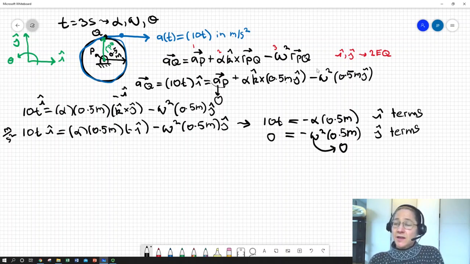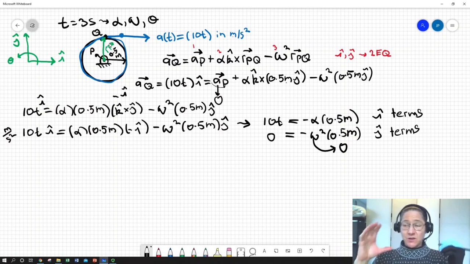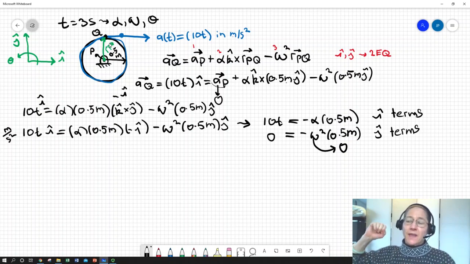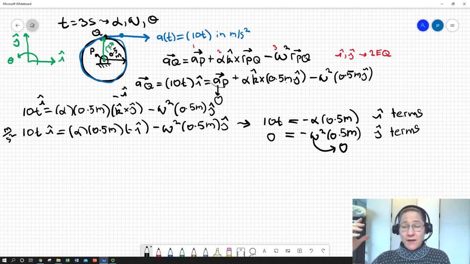At least just looking at our acceleration expressions, there's no inherent angular velocity necessary for Q to have its acceleration. So the disk, the cylinder, could be sitting stationary, and we could apply a force and we have an acceleration, and we could get an alpha before the thing ever starts to move.